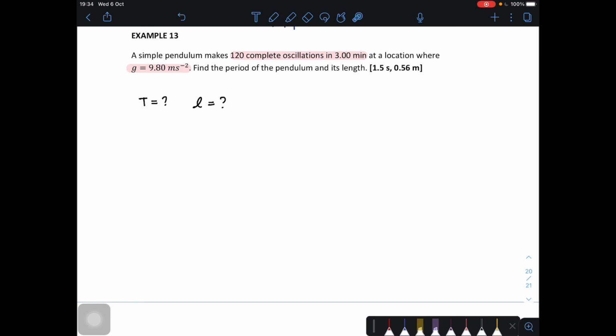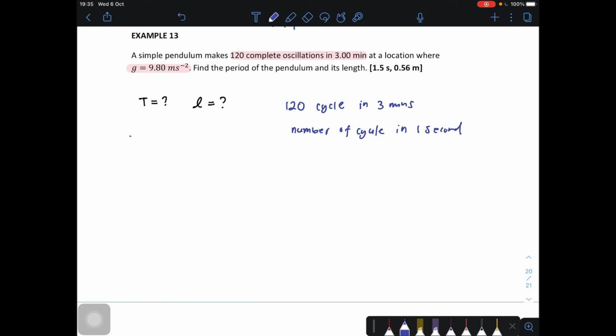Okay, so this information here, because it says 120 complete cycle in 3 minutes, from here actually we can get the value for frequency, because we know frequency is the number of cycles in 1 second.